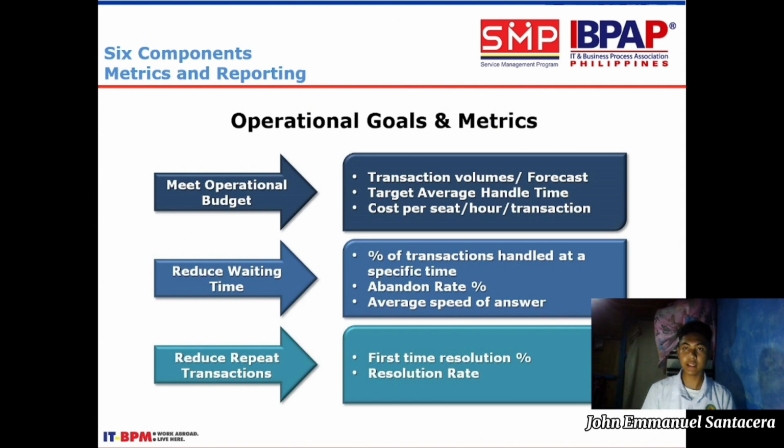In forecast, it is how you report what is in the transaction. Target average handle time is the measurement of time, we just say the deadline to be done. Cost per seat or hour and transaction says how much you have to meet for the cost per seat.